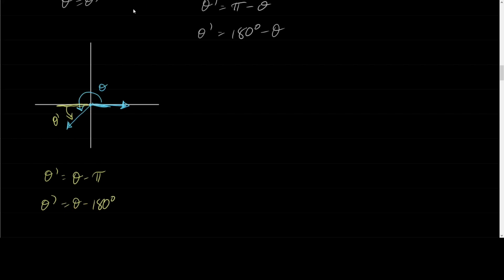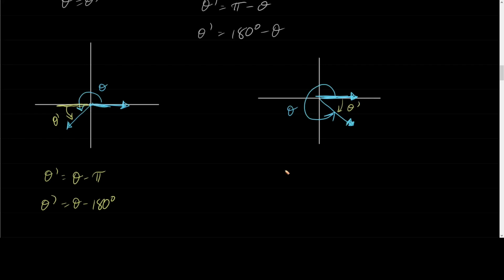And finally, let's look at what happens in the fourth quadrant. If I have an angle in standard position that ends in the fourth quadrant, the terminal side is in the fourth quadrant, this right here is my theta, then my reference angle is the acute angle between my terminal side and the horizontal axis. So this right here is my reference angle.